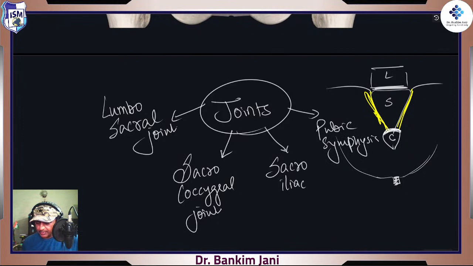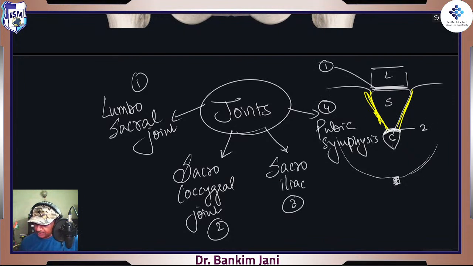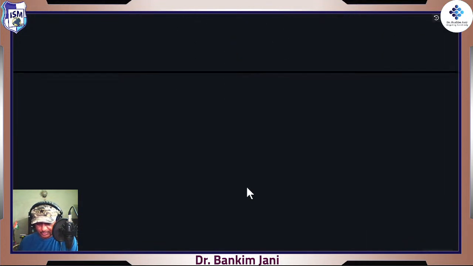If we name them as 1, 2, 3, and 4, that's 1 sacrococcygeal, that's 2 sacroiliac, this is 3, and this one is 4th, right? So these are the joints which we'll be talking about. Let's talk about all of them individually.